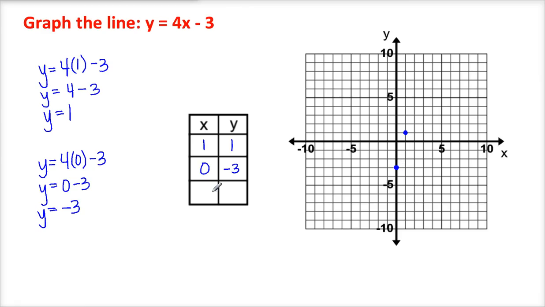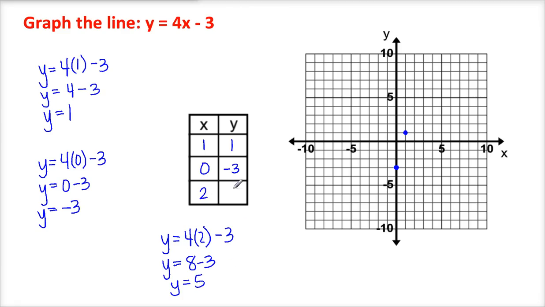Let's do one more just to make sure our math looks good. Let's choose 2 now for x. So in y equals 4x minus 3, we're going to plug in a 2 instead of the x and solve for y. 4 times 2 is 8, minus 3. So that means y is 5.